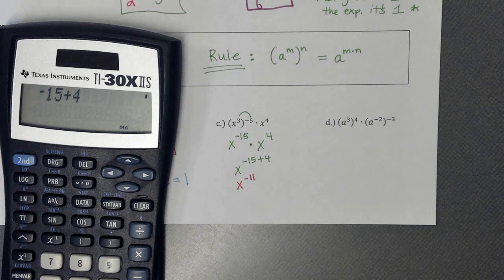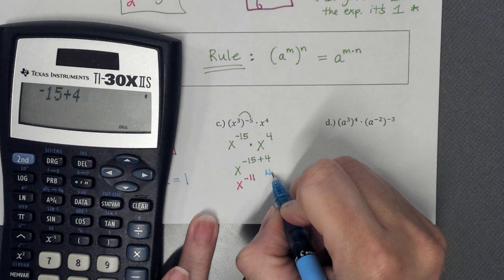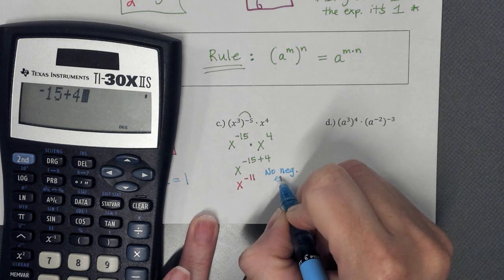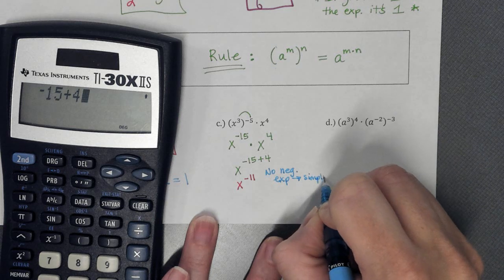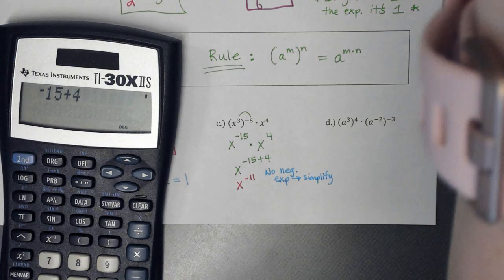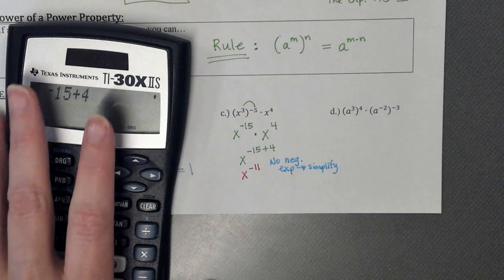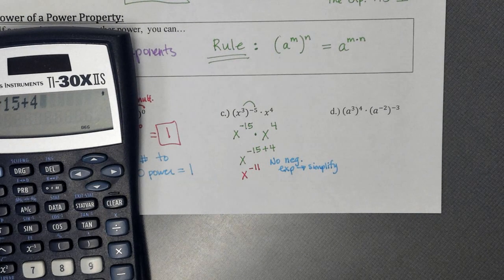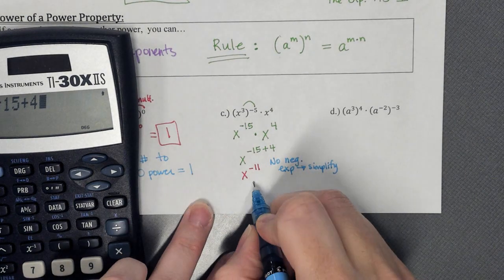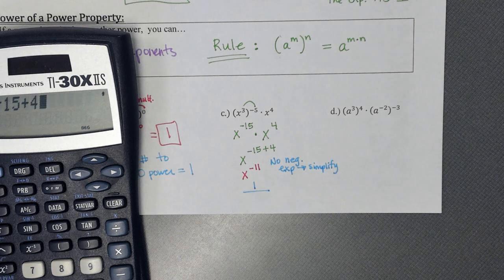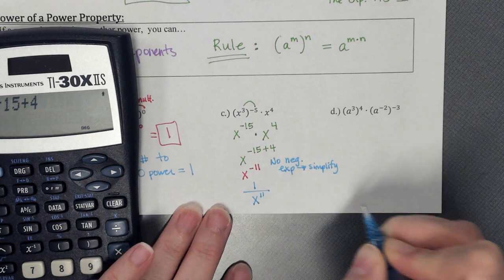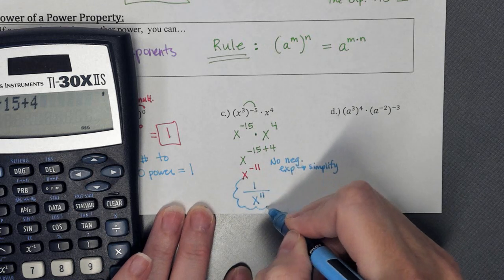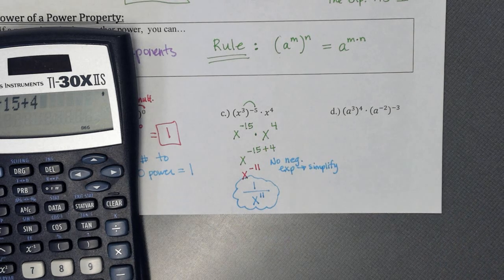So you have to simplify. Okay, so you want no negative exponents. Okay, and when you're simplifying, all you have to do is put the 1 on top, and this would be over x to the positive 11. Okay, so that's what we were doing last week.